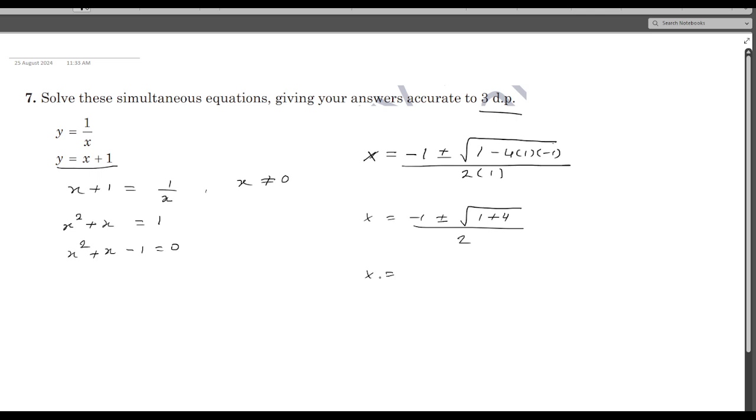Now up to 3 decimal places we have to find the value. So minus 1 plus square root of 5 whole divided by 2. So one answer is 0.618, or x is equal to, the other answer will be minus 1 minus root 5 whole divided by 2.